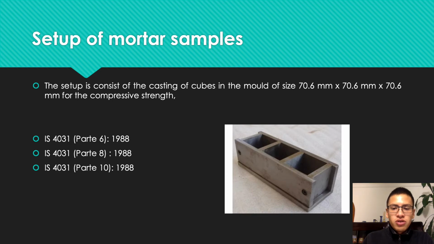This is done according to the ES standard 4031, determining the transverse resistance of the rectangular bars. The samples are stored in a control cabinet at 98% relative humidity and a temperature of 23 degrees Celsius.